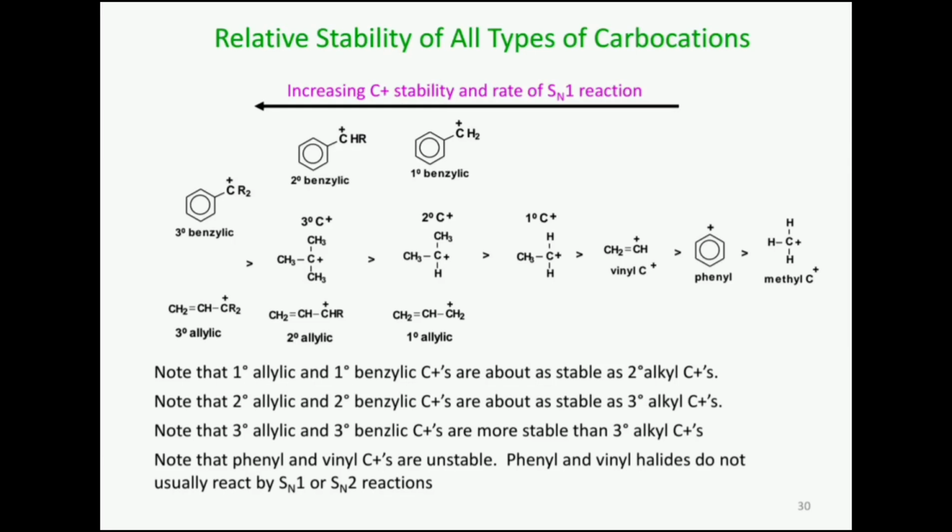See here, the tertiary allylic, secondary allylic and primary allylic are not written in decreasing order. Why? Because tertiary allylic and tertiary benzylic carbocations are more stable than your tertiary carbocation. That we also know. Secondary allylic is more stable than your secondary carbocation, and your primary allylic is also more stable than your secondary alkyl carbocation. Why? Because in the allylic group you have a double bond, and the positive charge is in resonance with it.